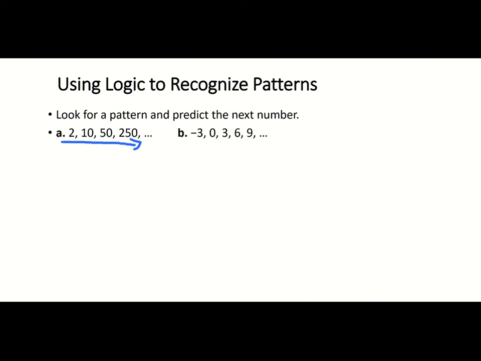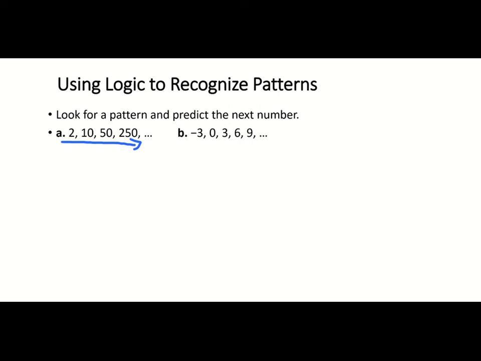So we have 2, 10, 50, 250. When I think of numbers increasing, I want to think of certain operations: addition, subtraction, multiplication, and division. I'm going to think of operations like addition and multiplication. Those are going to give me increasing numbers.